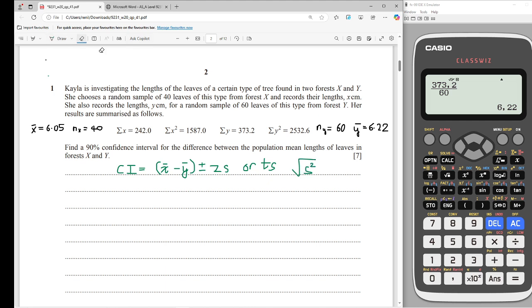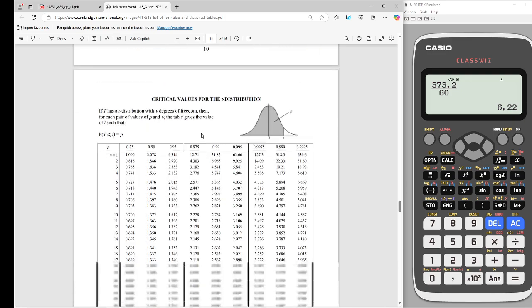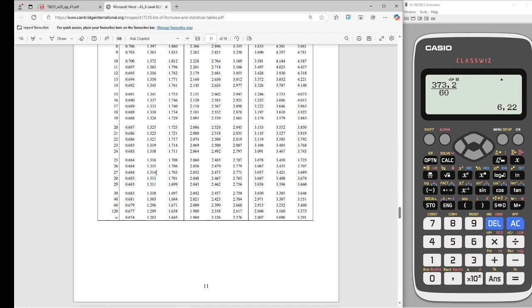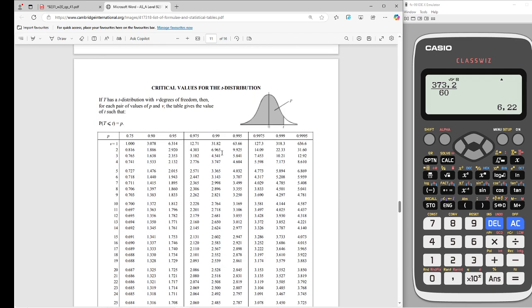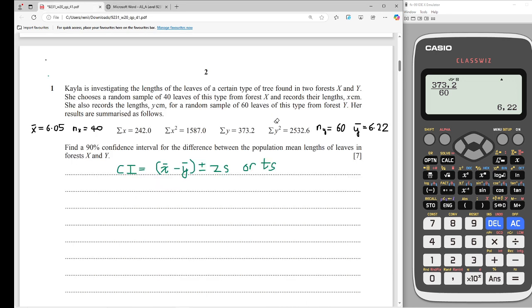So what do we write, z or t? Looking at the number of terms, we have 40 terms for X and 60 terms for Y, and so the degrees of freedom would be 40 plus 60 minus 2, which is equal to 98. And in the statistical table you can see there are no critical values for 98 for the t distribution, so we need to use the z table.